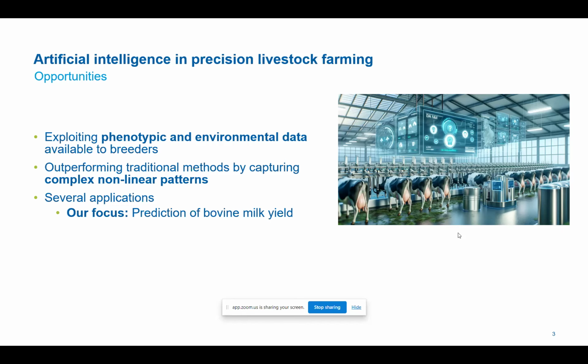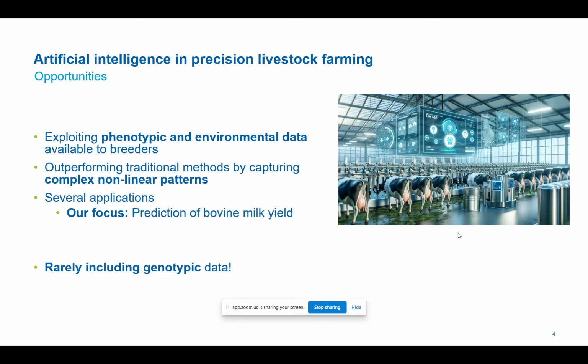In this talk, we will focus on the prediction of bovine milk production in the setting that I will show you later during this presentation. The point is that AI is a powerful tool to exploit the phenotypic and environmental data available to breeders, but nowadays AI in precision livestock often does not take genotypic data into consideration.